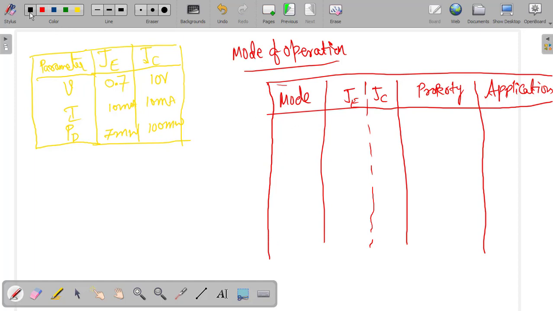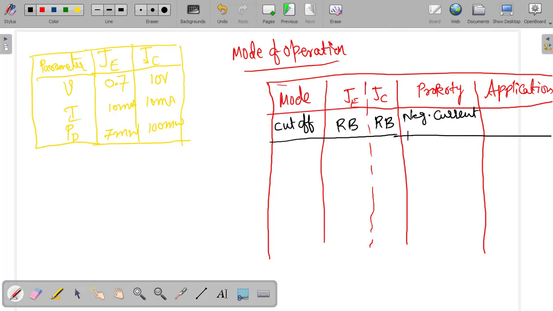Coming to the different modes. First mode, cutoff. What will be the cutoff mode? In cutoff mode, junction E will be reverse bias and junction JC, the collector junction, will also be reverse. When both are reverse bias, there will be a negligible or zero amount of current.